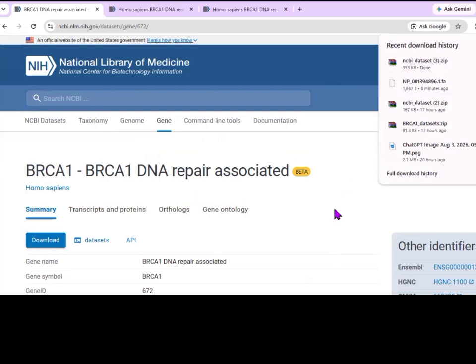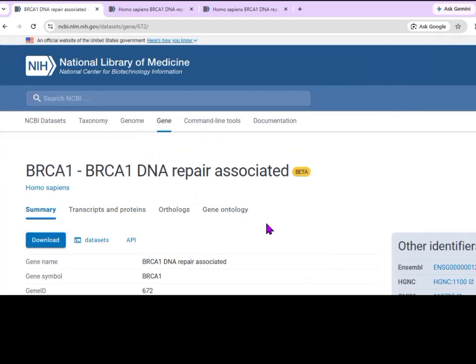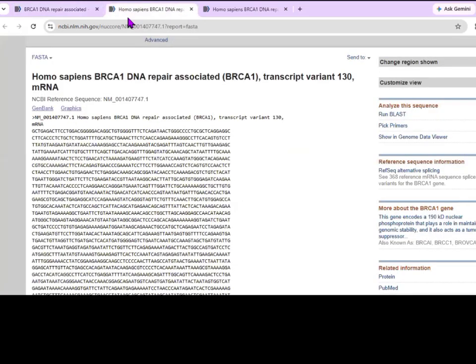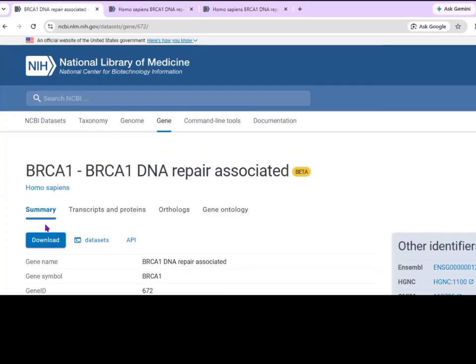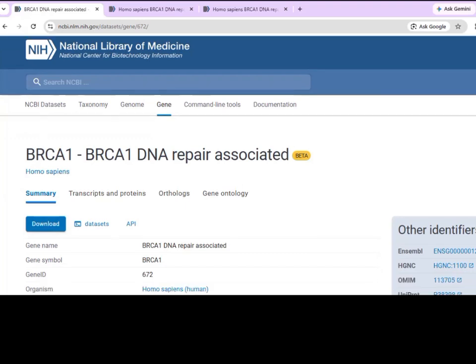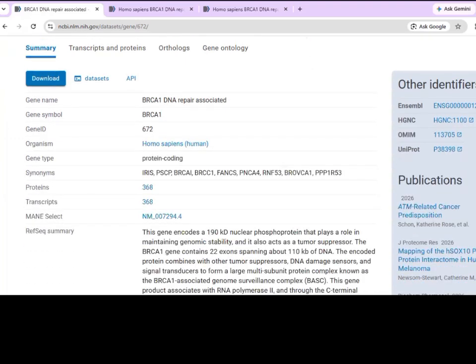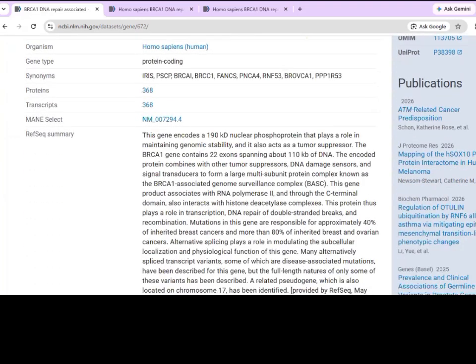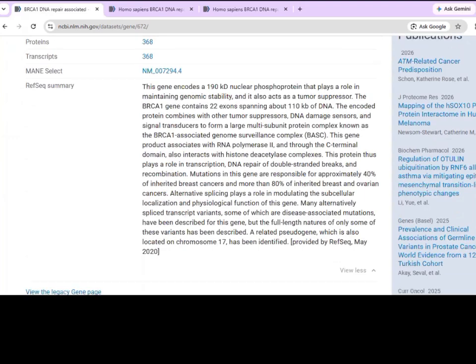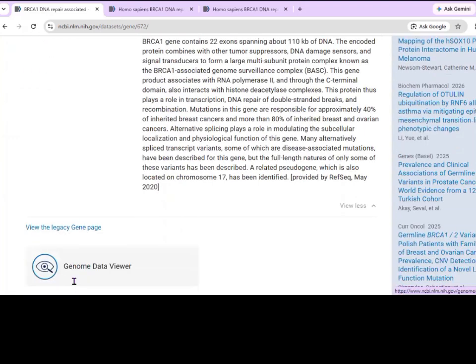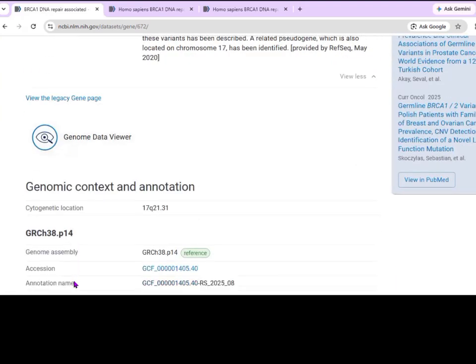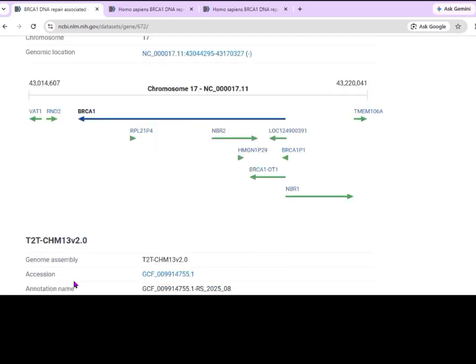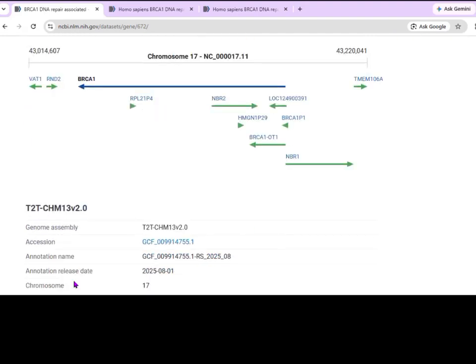Now, in today's video, we learned how to search a gene, how to understand the gene identity, gene function, gene symbols, gene ID, how to get information about the gene, gene summary, cytogenetic position of the gene, exons, introns, neighboring genes, transcription direction of the gene, and transcripts.